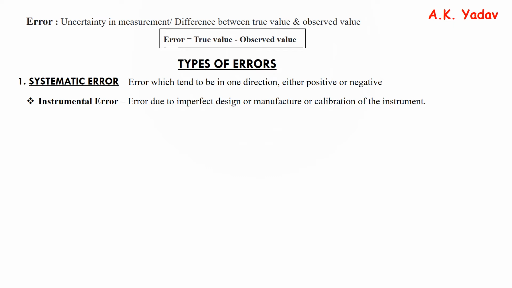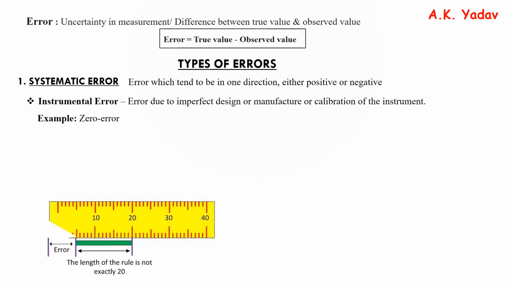The first one, instrumental error: the error due to imperfect design, manufacture, or calibration of the instrument. Example, zero error. Now let us see this device. Here the scale is broken, and if I take the reading from this point to this point, it is not 20. So this is an instrumental error.